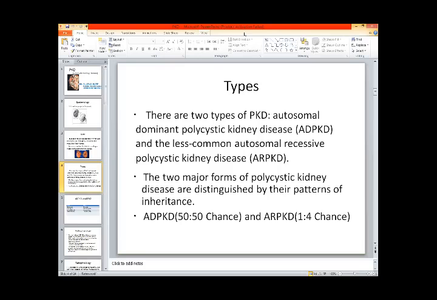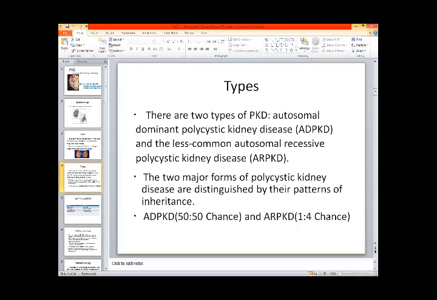So the two major forms of polycystic disease are distinguished by pattern of inheritance. Adult polycystic kidney disease, which is autosomal dominant, has a chance of 50/50, and autosomal recessive has a chance of 1 in 4.